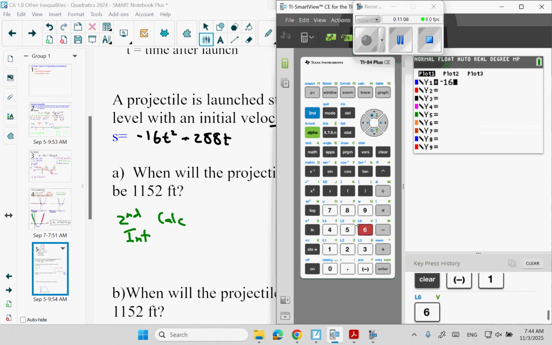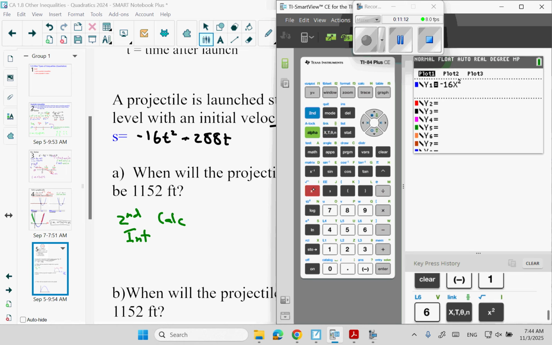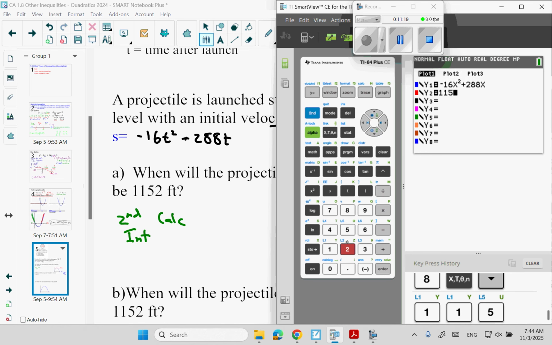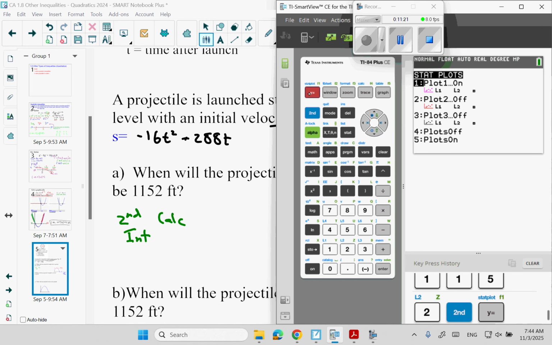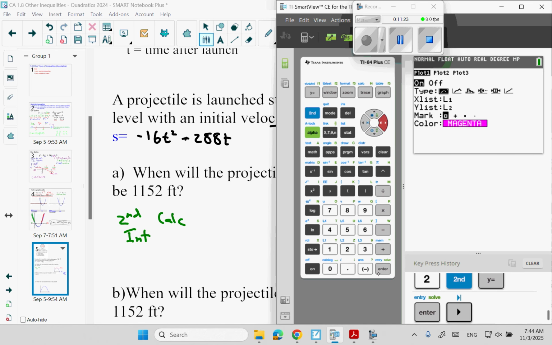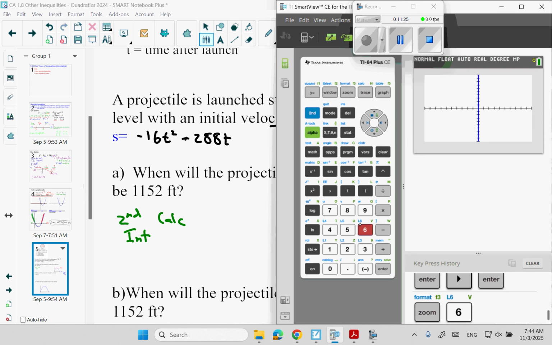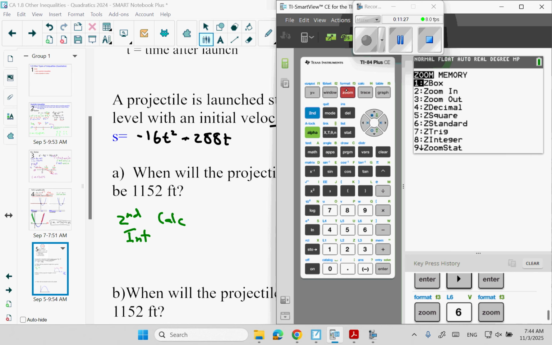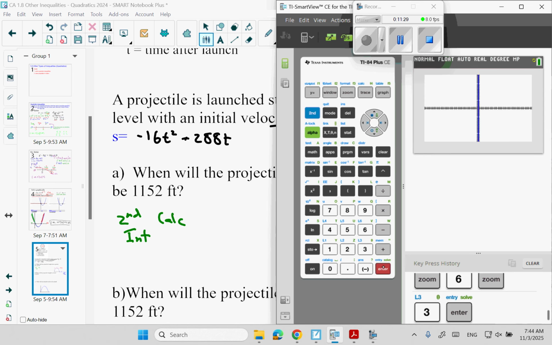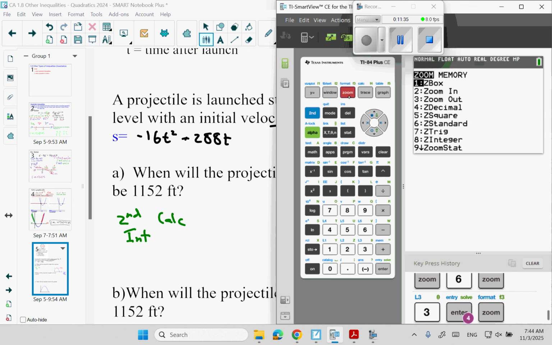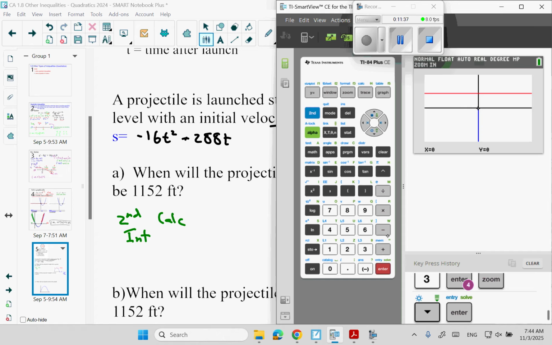Negative 16 t. For anything, I'm just going to use x's because that's how my calculator works. I need to turn my stat plot off though. Let's go zoom 6. Zoom out. Zoom in.